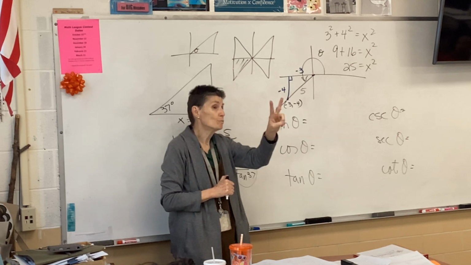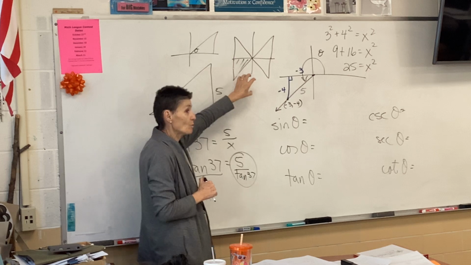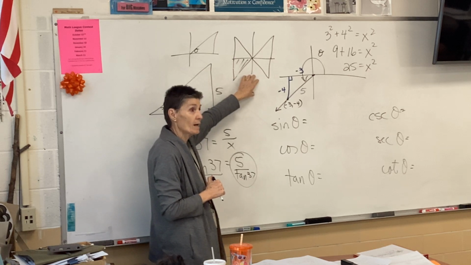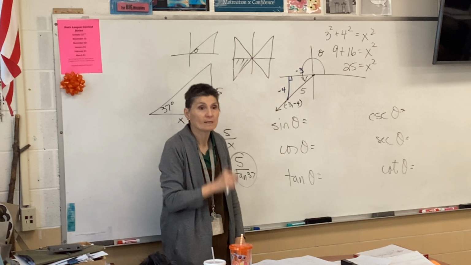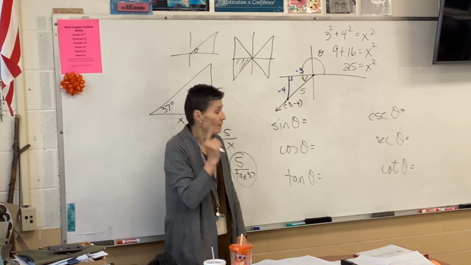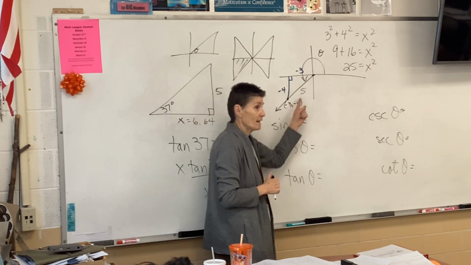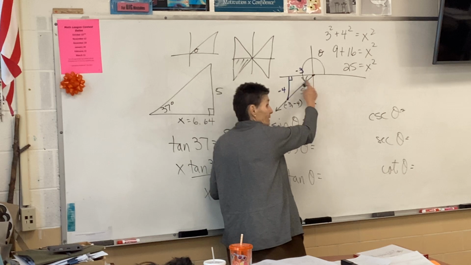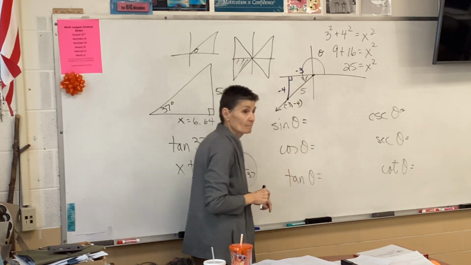So I've told you two really important things today. Every triangle you draw is going to be a butterfly bow tie. And every time you do the Pythagorean theorem and get a hypotenuse, it's positive. The hypotenuse will never be negative. This can be negative, and this can be negative, but that will never be negative.